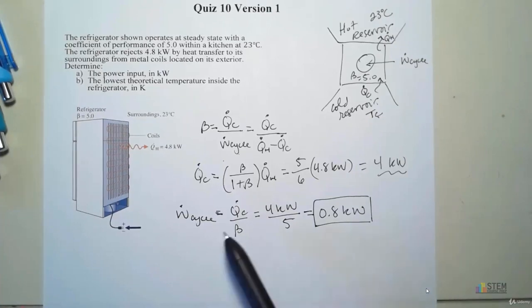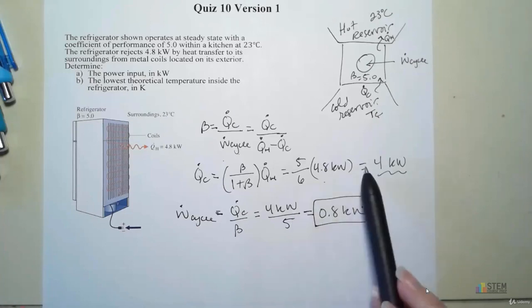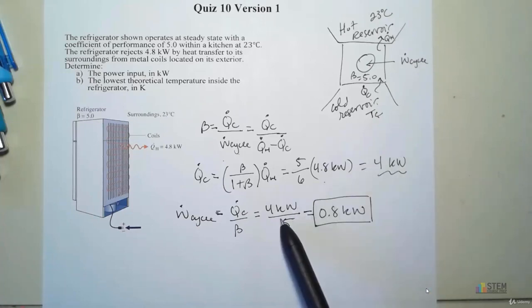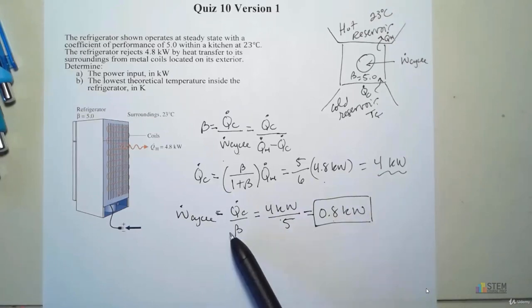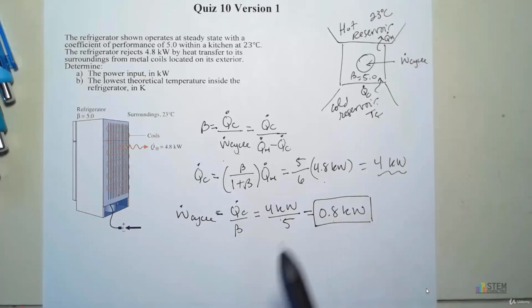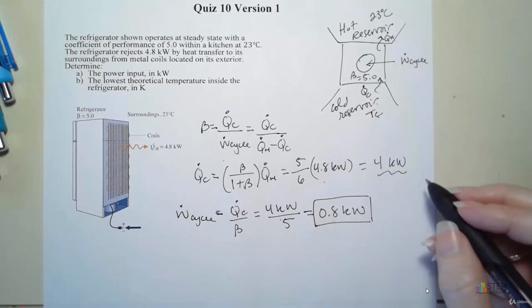Now notice these signs. These are just giving you the magnitudes essentially. Because we know for a power input, W dot should be negative, but this is basically the magnitude. Since we're calling it the power input, that automatically tells us it should be a negative value. So if you want to have the negative value, you can just put the negative on there. But these calculations are going to give you the magnitude.